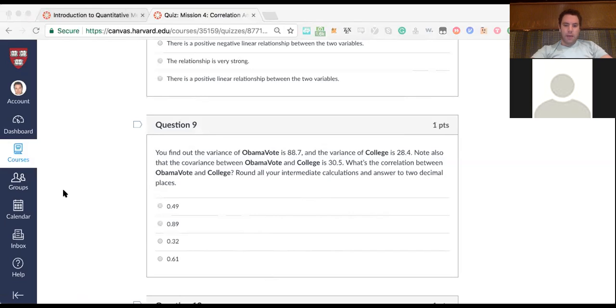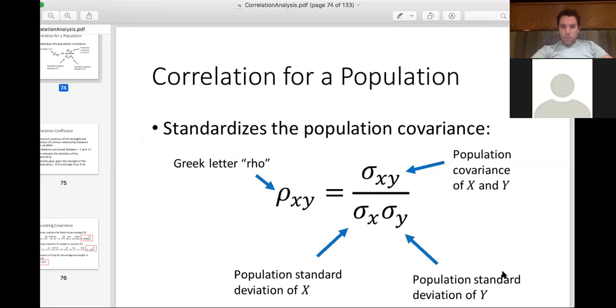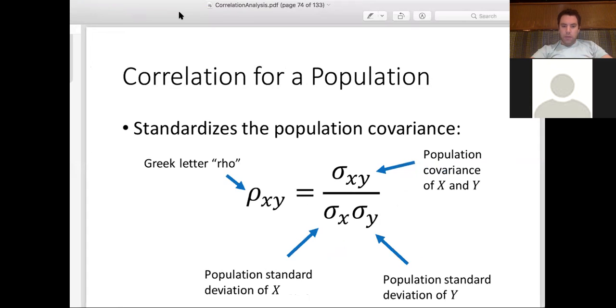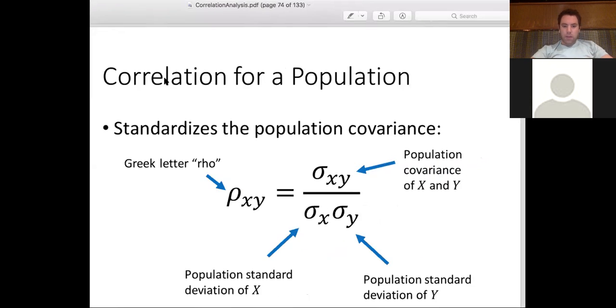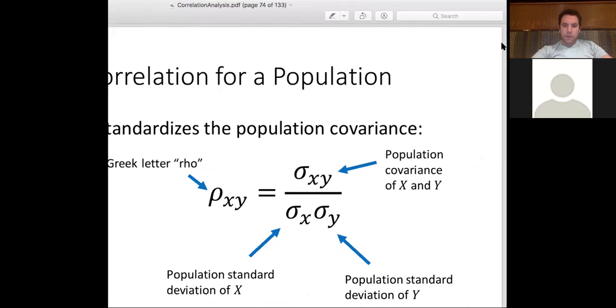If you look at the correlation analysis lecture notes, it's on slide number 74, and I'll show you what that looks like. Yes, you have the formula. The correlation is equal to the population covariance of X and Y divided by the population standard deviation of X times the population standard deviation of Y. So you have the formula there.